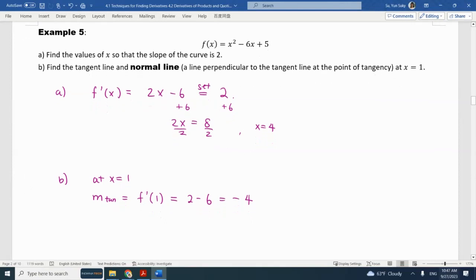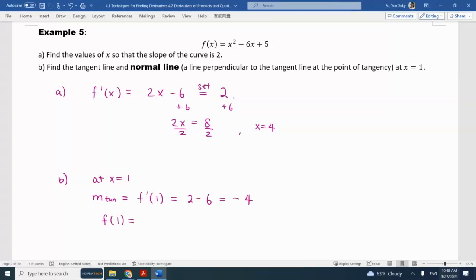And we have a slope. We also need to find the point. We know the x coordinate is 1. How about the y coordinate? Mackenzie, what is the y coordinate? So we put 1 into the original function.